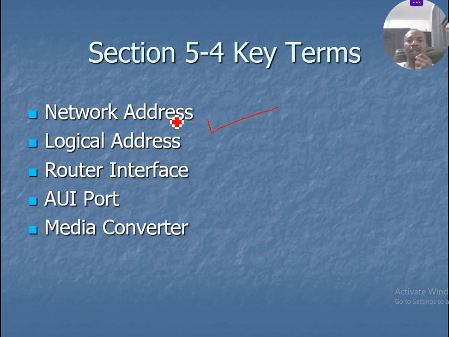We say a router is a layer 3 network address protocol, also called a logical address, which helps us locate IP addresses in the network. We described the router interfaces and their functionality. We talked about the attachment unit interface, the AUI ports, and that the AUI port is a media converter. It converts the AUI 50 pins into the 8 pins of the RJ45 connector.